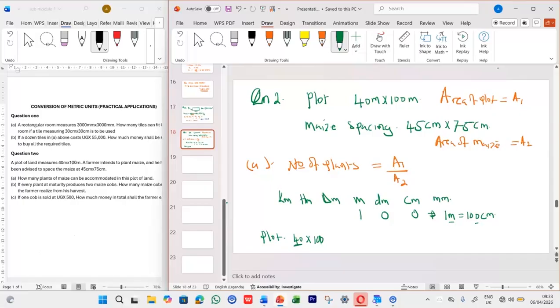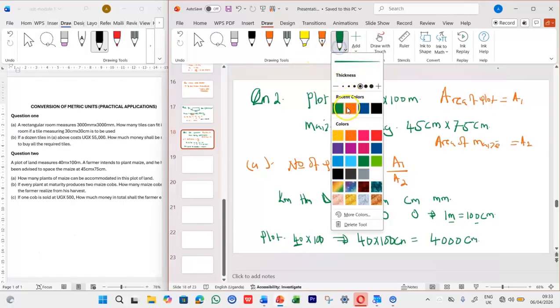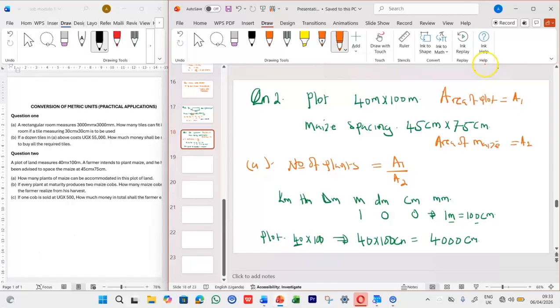So 40 meters times 100 centimeters is 4,000 centimeters. Similarly, 100 meters is equal to 100 times 100 centimeters, which is 10,000 centimeters.